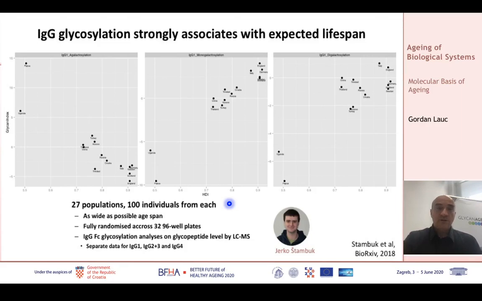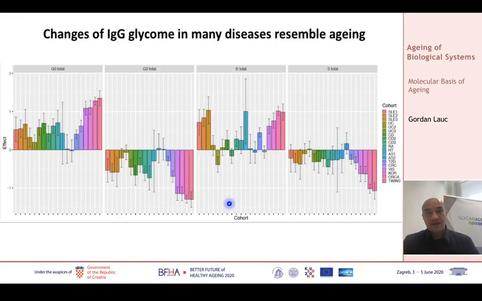Also, when we looked into the disease cohorts and analyzed dozens of different diseases, we saw that the changes which occur with aging, so the appearance of agalactosylated glycans and the decrease in galactosylated and sialylated glycans, also happen in many different diseases.